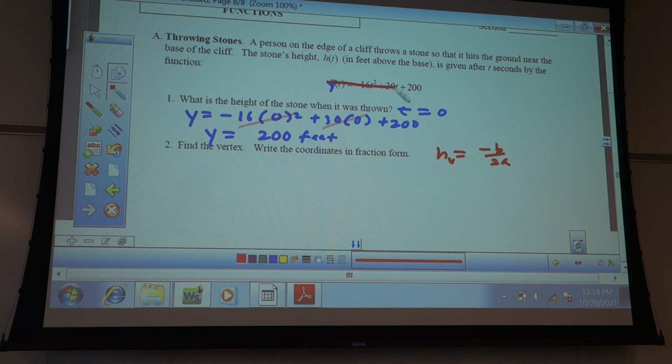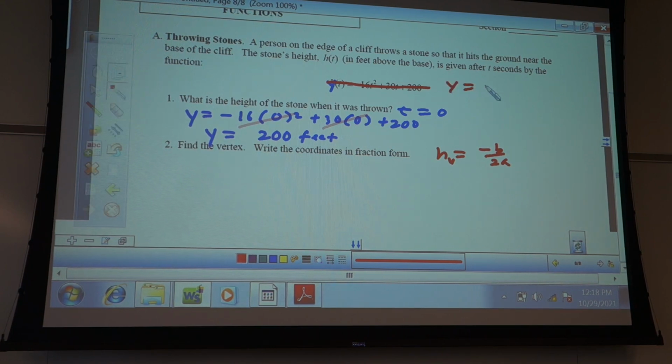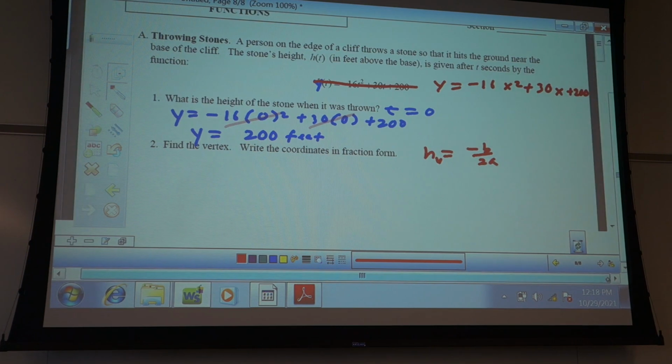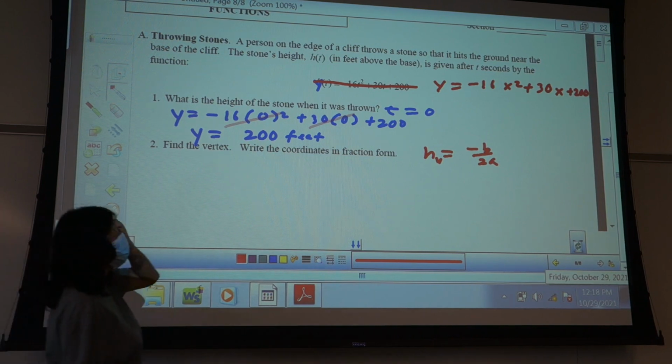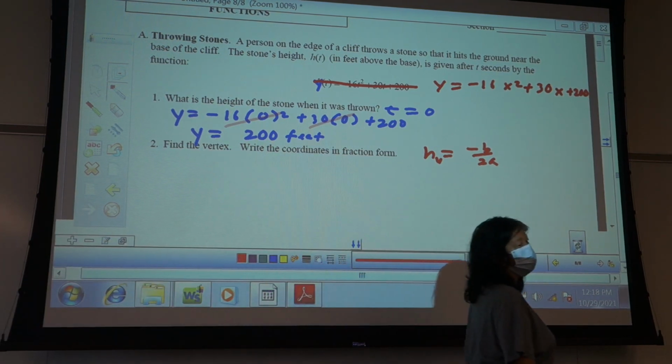Cross this out and instead write y equals negative 16x squared plus 30x plus 200. I think I varied off of h last time because of that. So just rewrite it, only put in x's for t's instead.